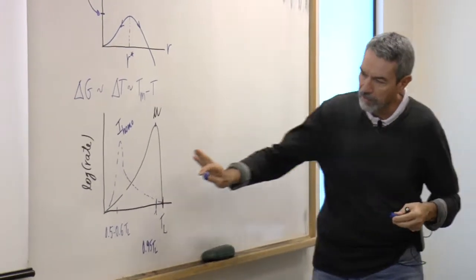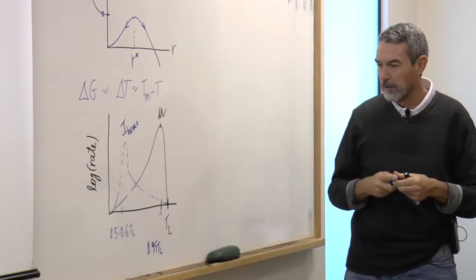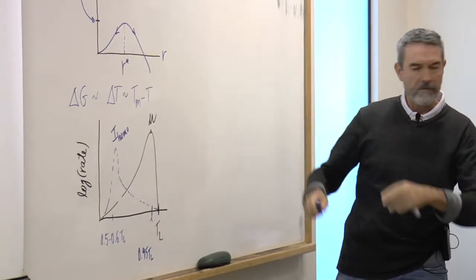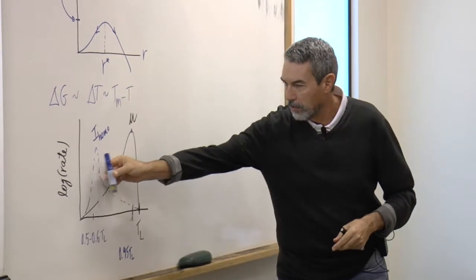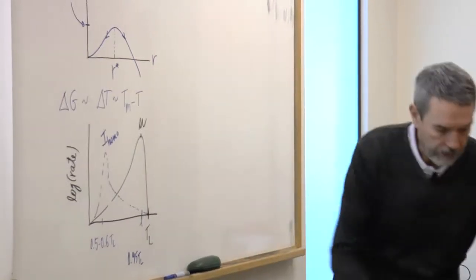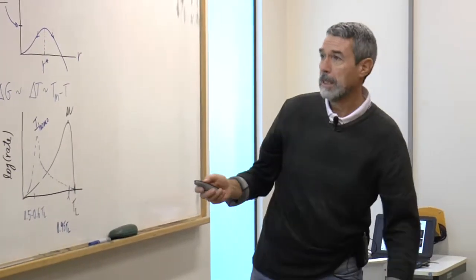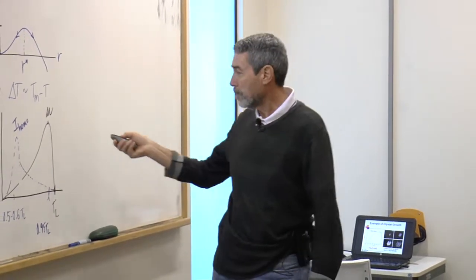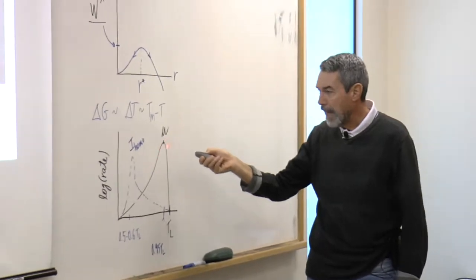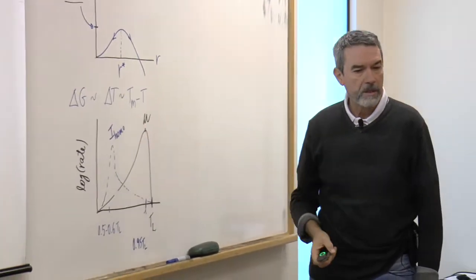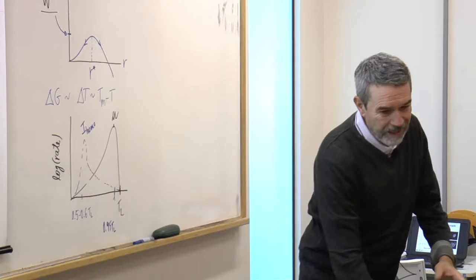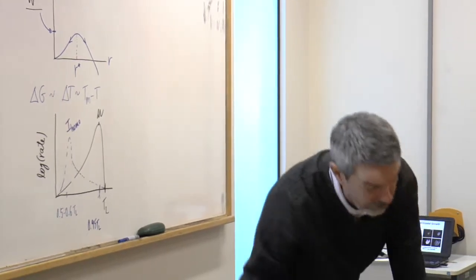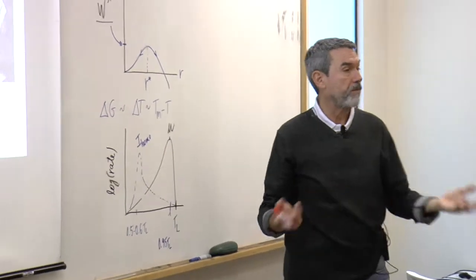So this is the overall macro view of nucleation and growth. All right. So as I said, for some systems, this maximum here can be measured. For other systems, it's so high that you cannot measure it at all.